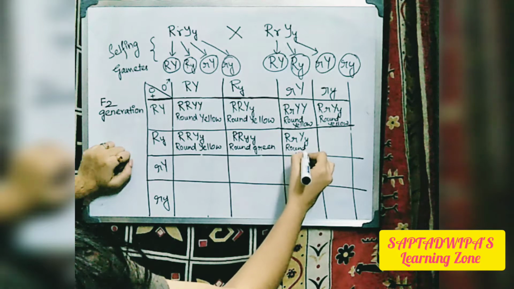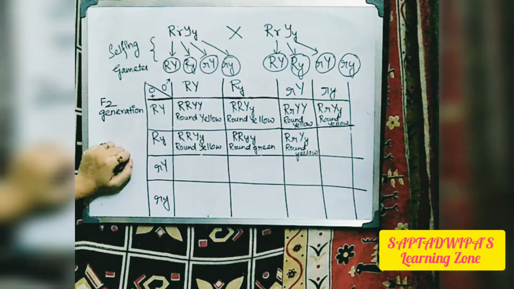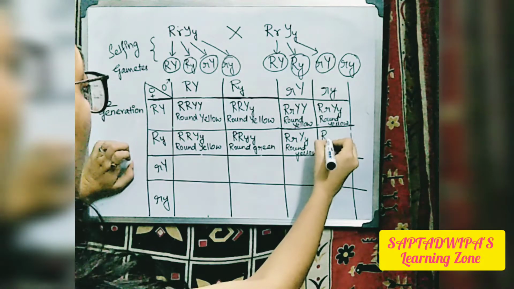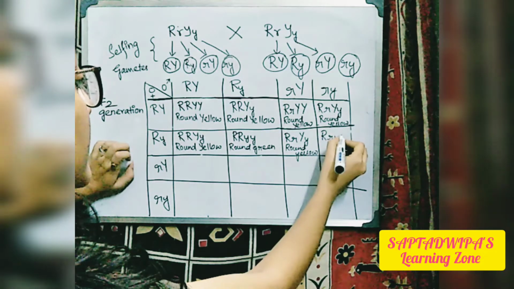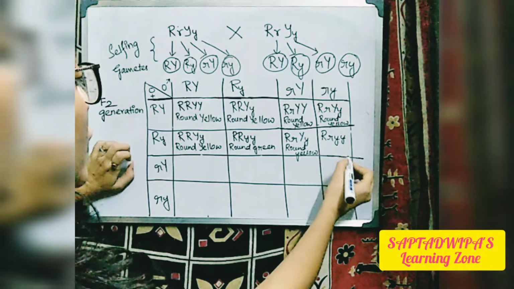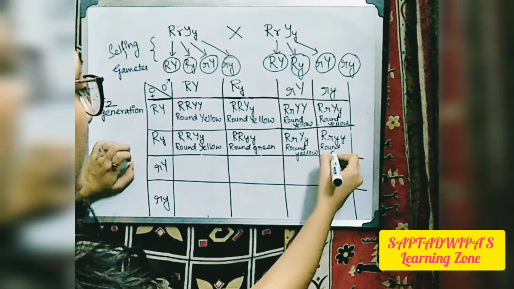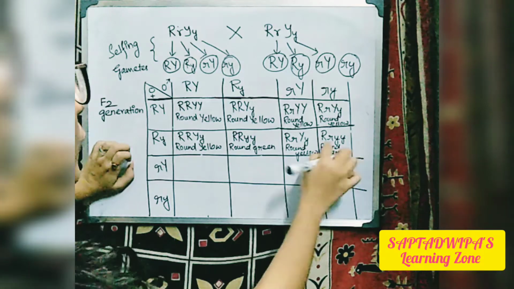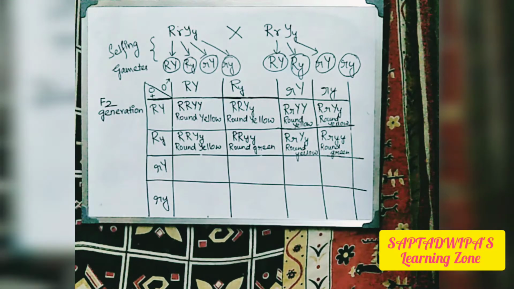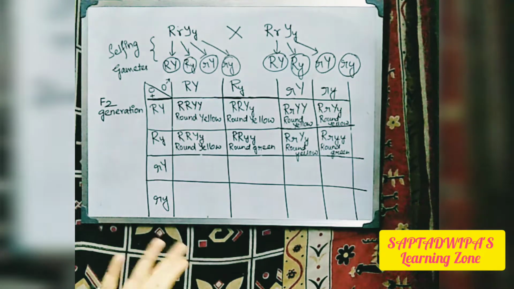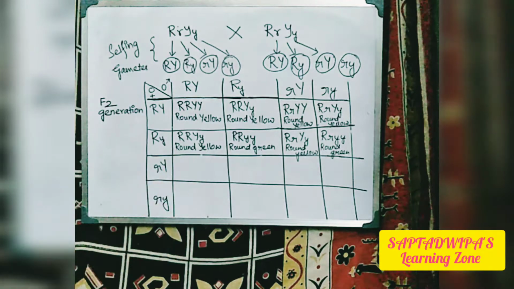Next, capital R, small y, small y. So here also, round green. Because R is the dominant one here, but both the y's are recessive, no one is dominant. So green one prevails. So round green.